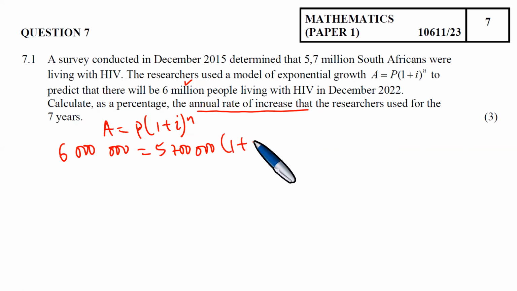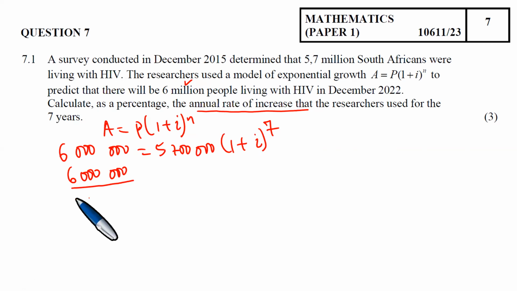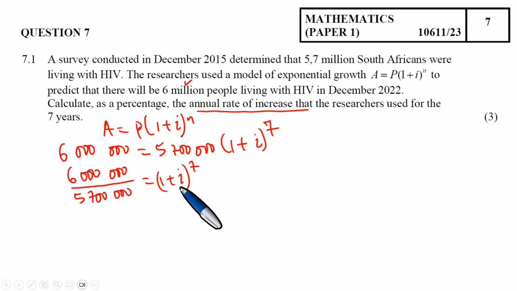So 1 plus i to the power 7, and it is 7 years. You divide everything, which is 6 million, by 5,700,000, and this is the same as 1 plus i to the 7th power.